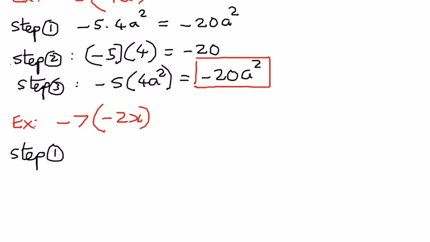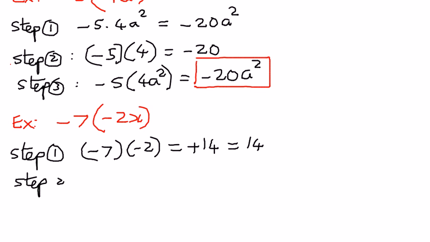First, we want to write the numbers together. Negative 7 times negative 2. Negative times negative is a positive. 7 times 2 is 14. Or we can just write it as 14. 14 means it is a positive 14. And we have a variable term next to that. So we're going to come back and write the variable term next to that.